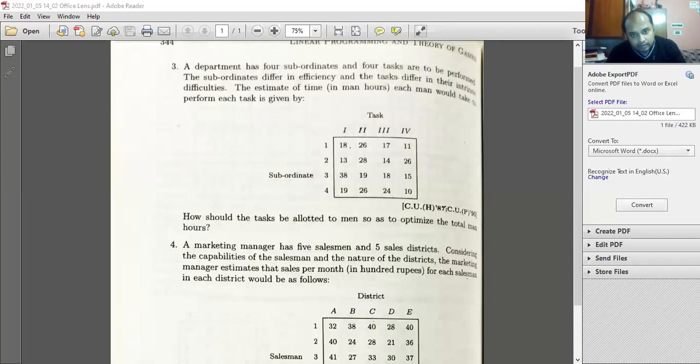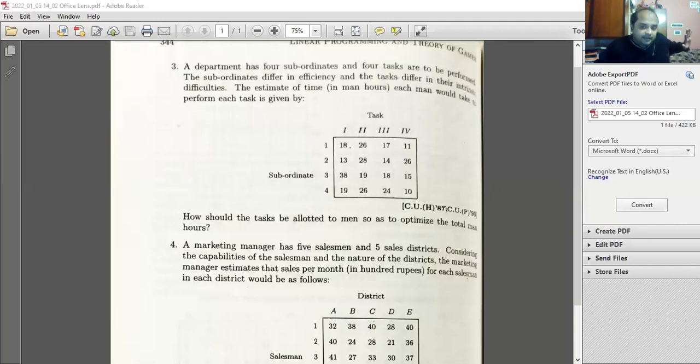Since the order of the matrix is 4, what would be the total number of assignments? 4.